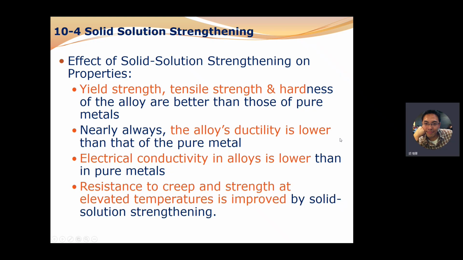Whether this alloy can be used in the turbine blade or the engine block, for a materials science engineer, we have to consider lots of issues in real applications.